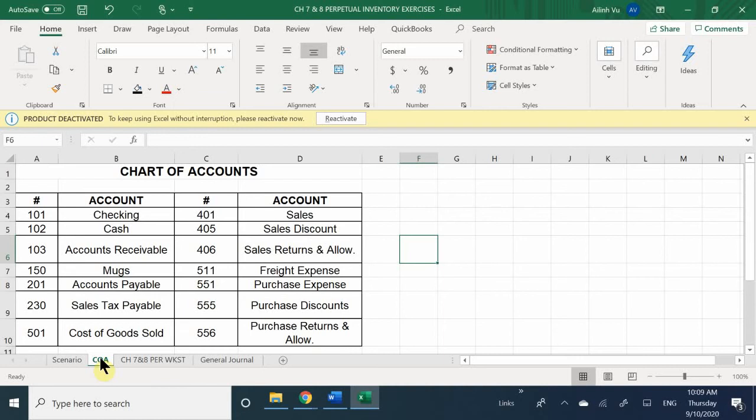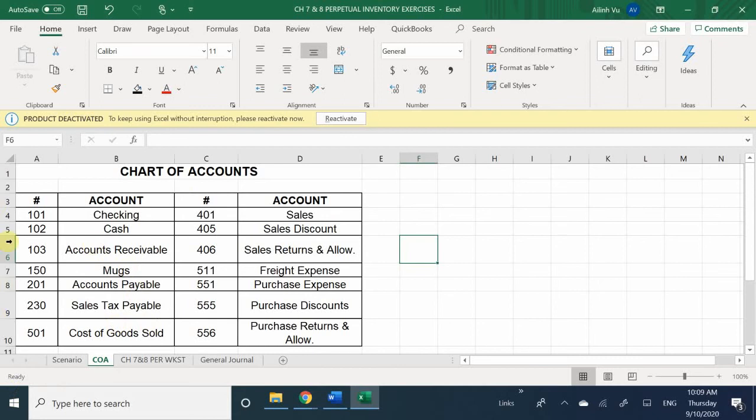Second, you do your inventory worksheet to solve for it, instead of solving for it in the journal and then having to re-enter it in your inventory worksheet. So first is the scenario step, second is the chart of accounts, to see if we even have those accounts in the first place. We lay down our foundation, journalize, and then do the worksheet.